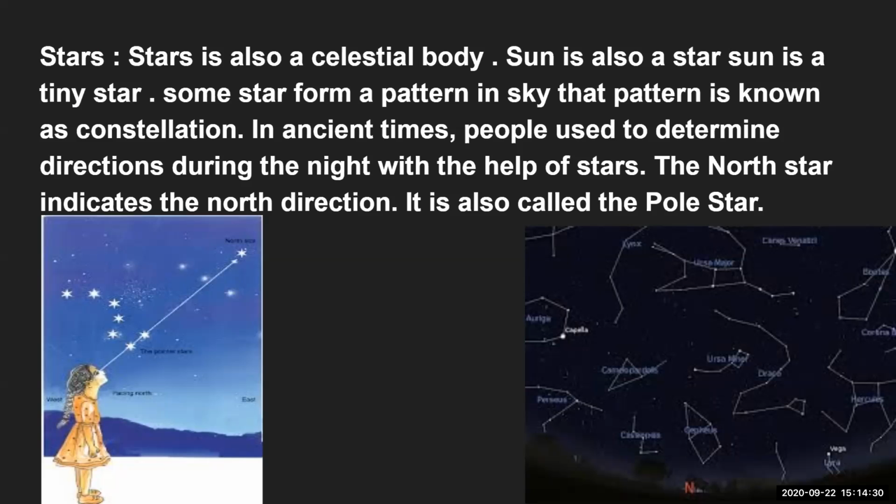It was a very shiny star, and it never changes its position. So people could get an idea by seeing that star, of where they are. Suppose I am seeing the pole star, now I can get an idea of where I am. So with the help of this pole star, many people determined their direction.